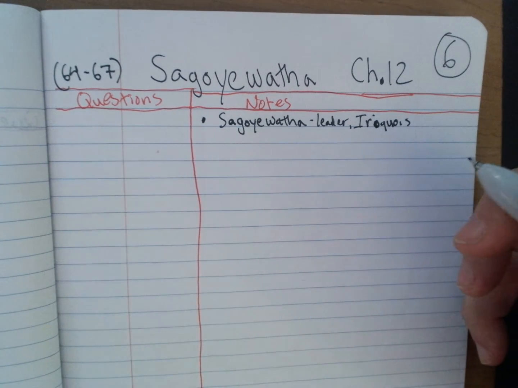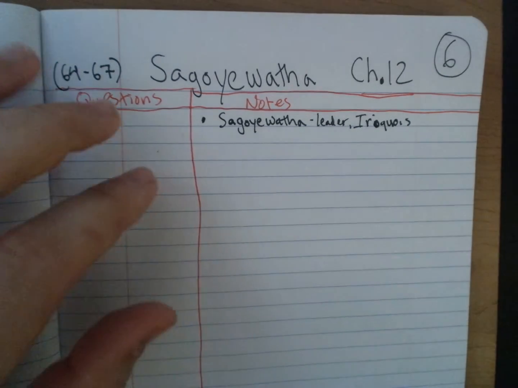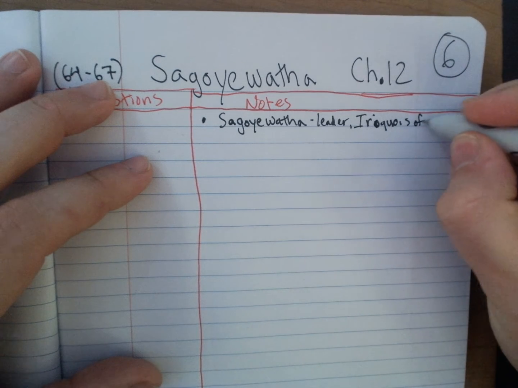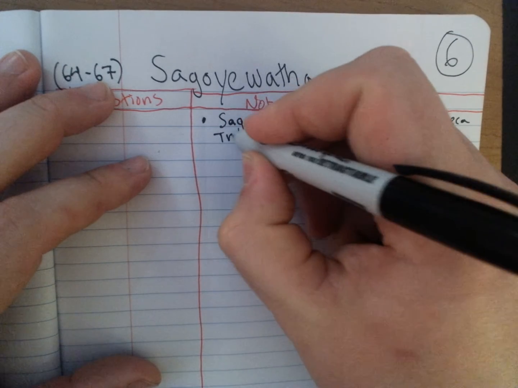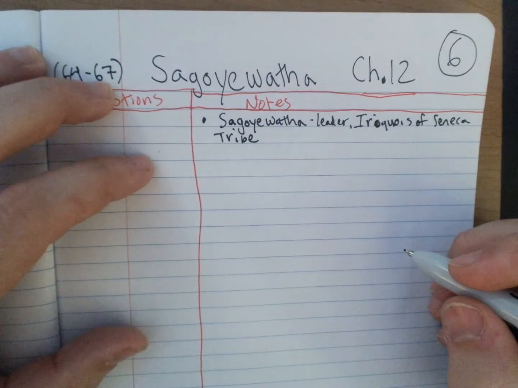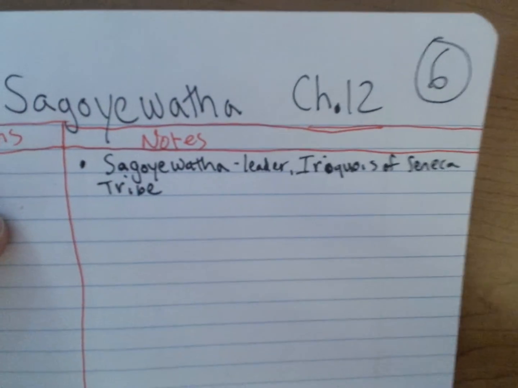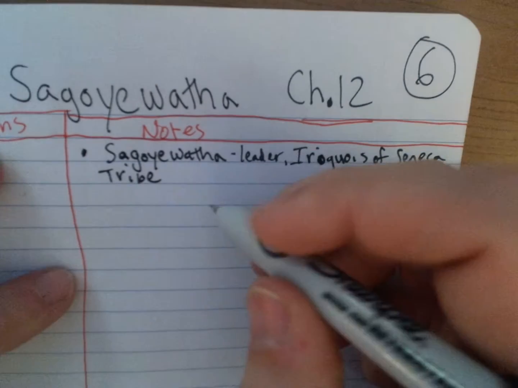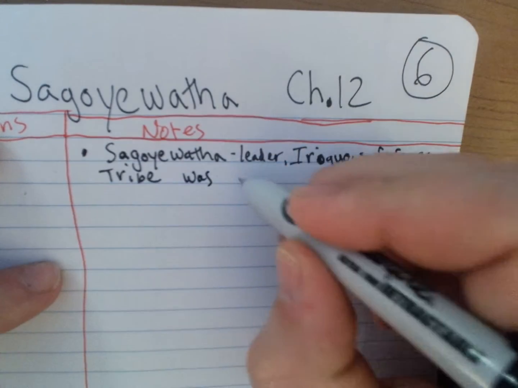Iroquois of Seneca tribe. Seneca spelled Seneca. Was called Red Jacket.